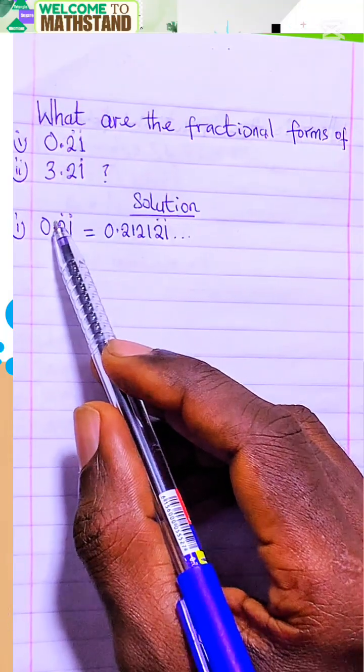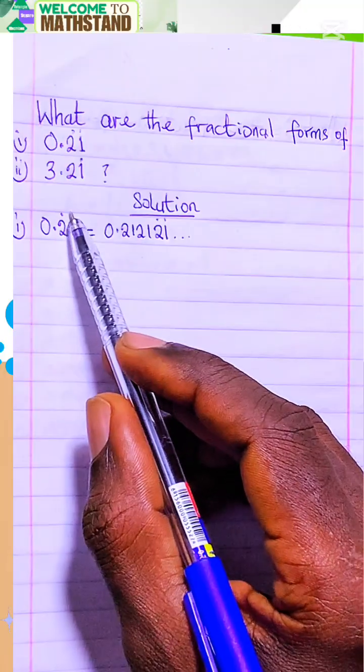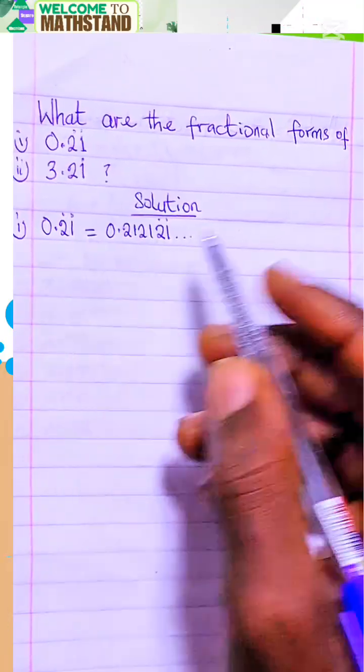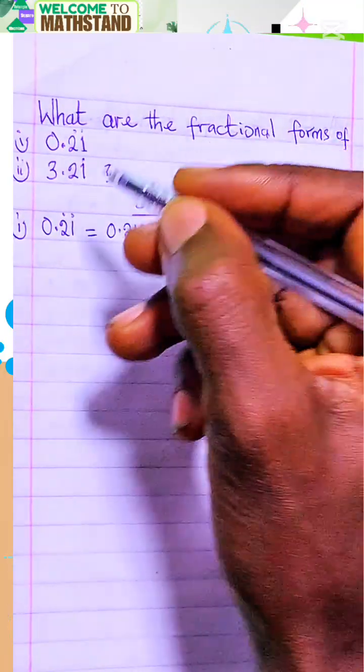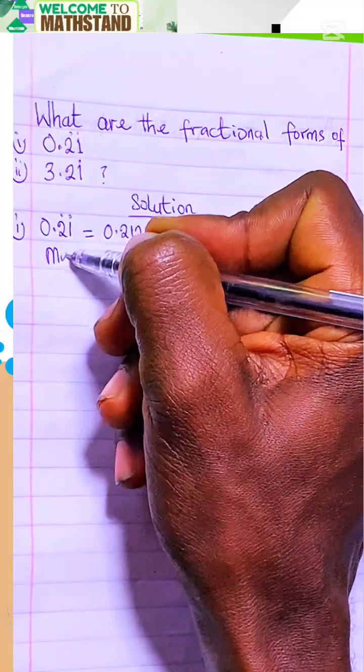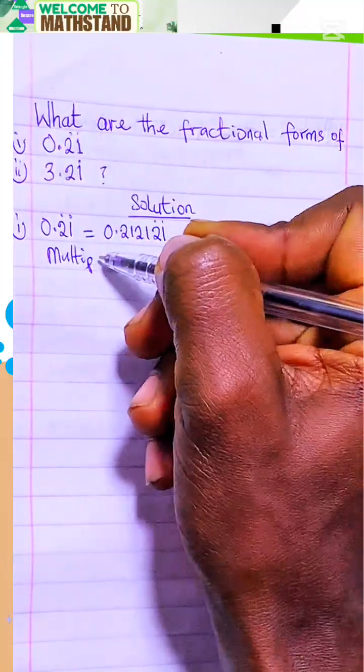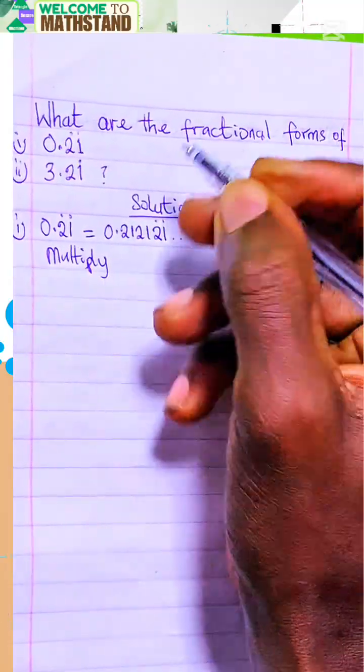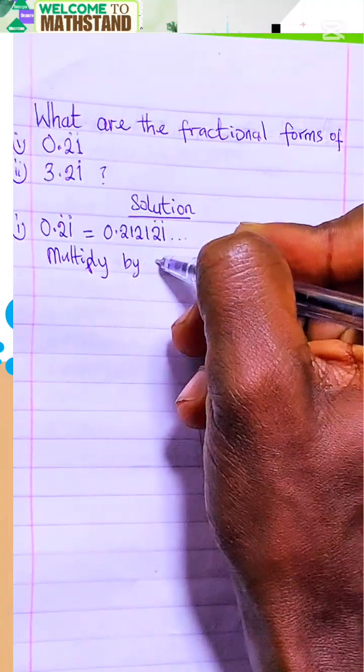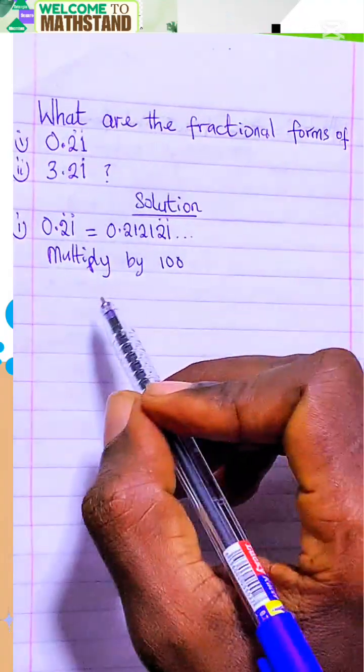So the first one here is the tenth and then hundredth. So let's multiply by 100. For the sake of those learning this, you need to use these words, multiply by 100.